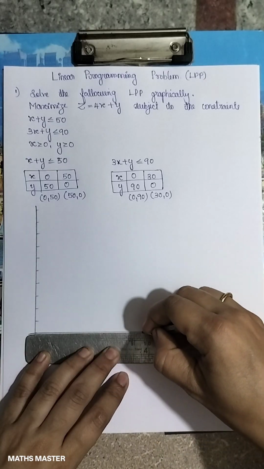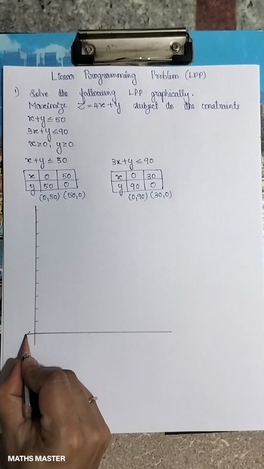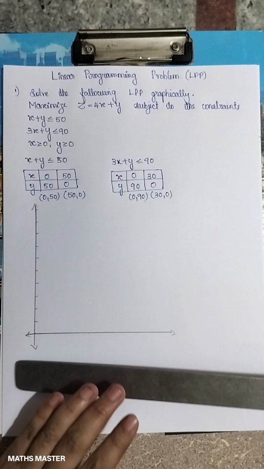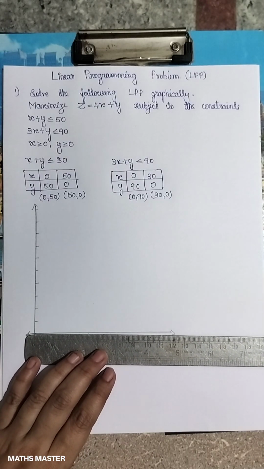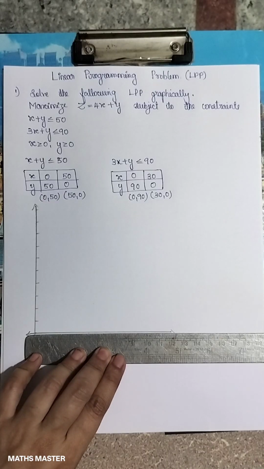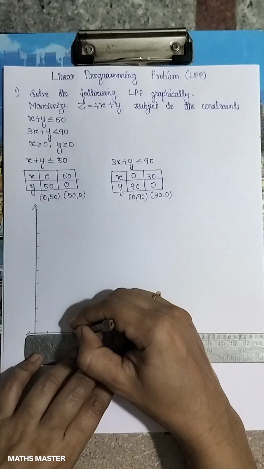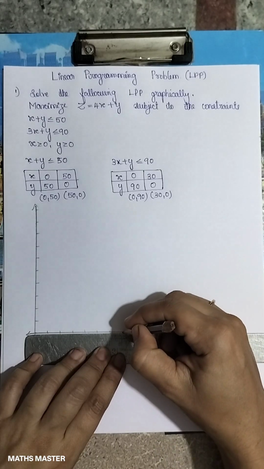Since there are no negative points, no need to consider the negative x-axis and negative y-axis. Make sure you're marking the points properly, otherwise you'll not get a proper solution. Boundary points will vary if you're not considering the scale properly.